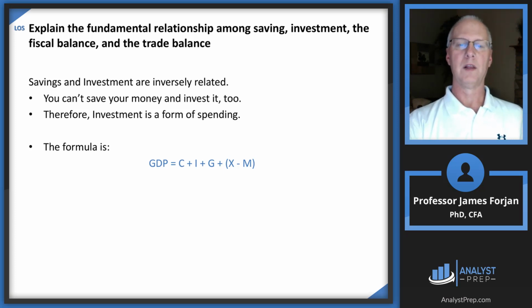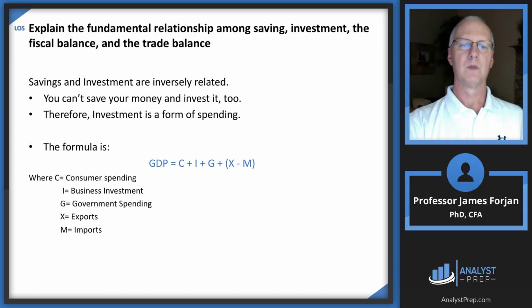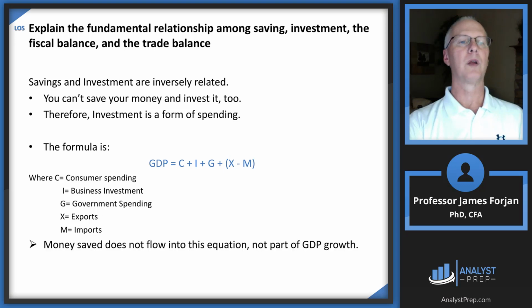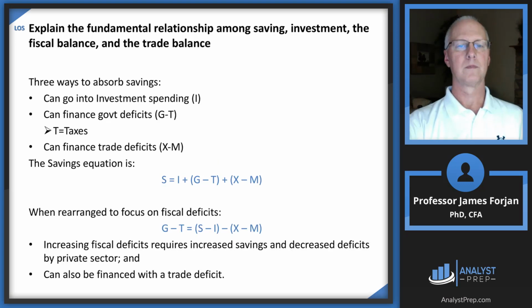Here's the formula that relates the GDP to savings and investment, where we sum the consumer spending and business investment, and then here's that government spending in there, and then the net effects of importing and exporting. There are three ways to absorb savings, right?